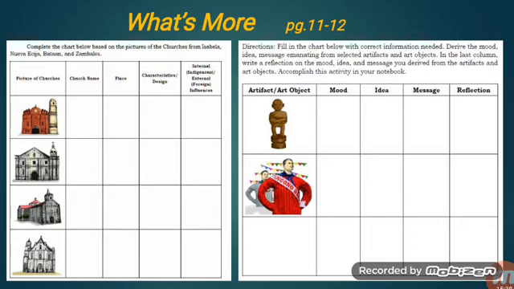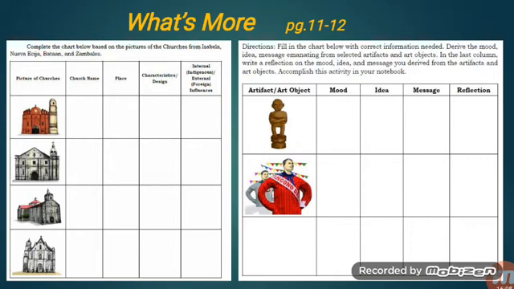Next activity. Fill in the chart below with the correct information needed. Derive the mood, idea, message emanating from the selected artifacts and art objects. In the last column, write a reflection on the mood, idea, and message you derived from the artifacts and art objects.